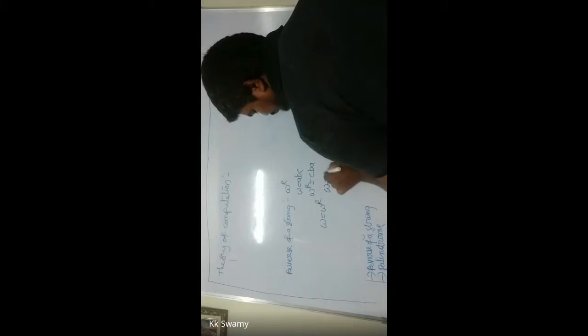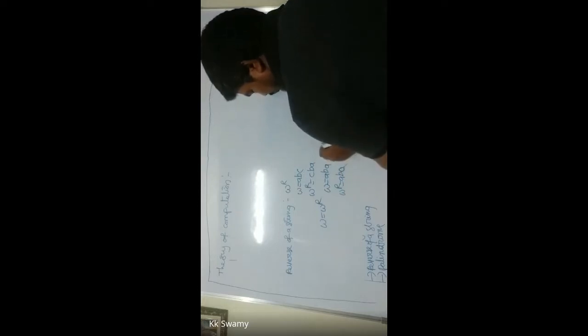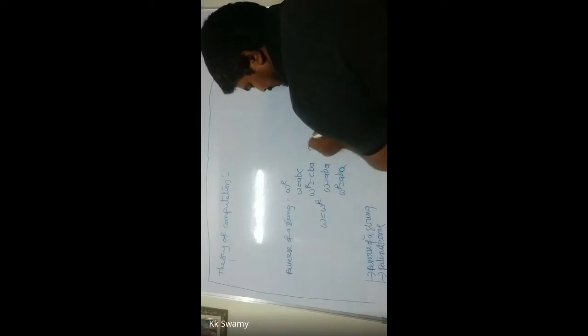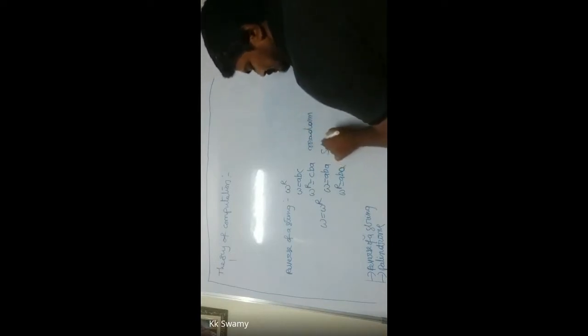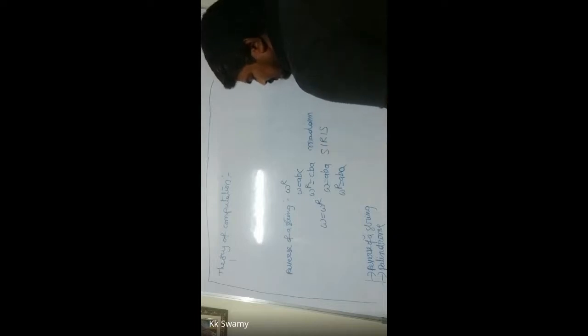Suppose W equals ABA and W power R is also ABA. What are examples of palindrome strings? Madam, series. All these are examples of palindromes of a string.